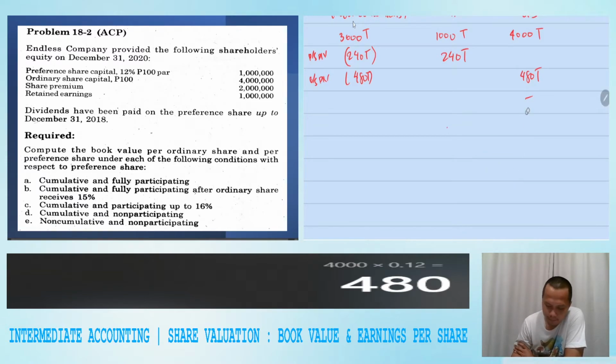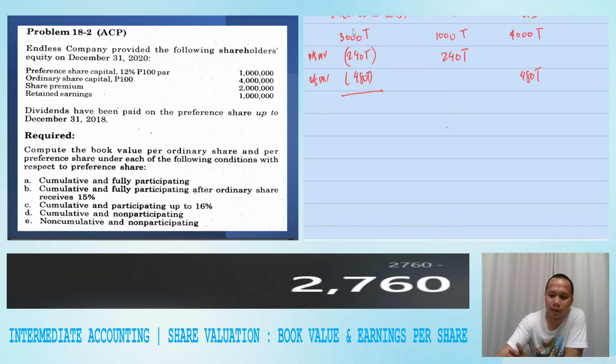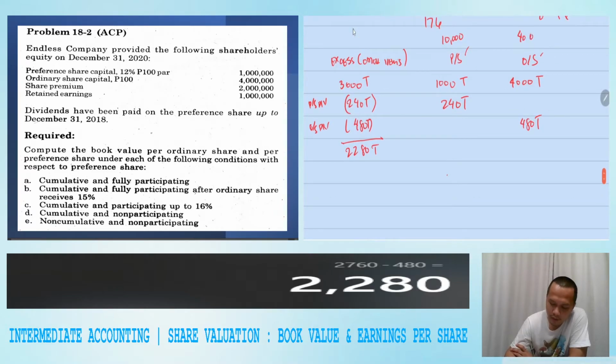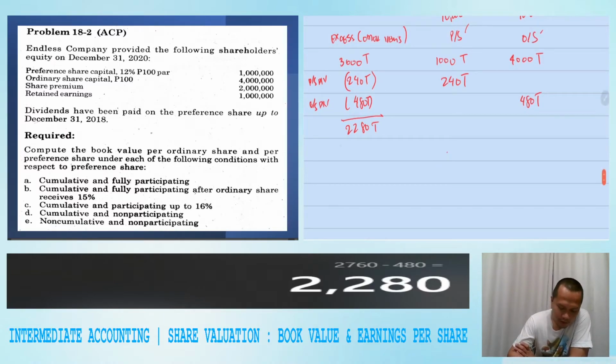Ngayon, ang excess nito, we need to allocate, ito yung sinasabi natin kanina, allocate pro rata. Di ba? So the excess, we have 3 million minus 240 minus 480, we have 2,280,000. So magkano dyan yung mapupunta sa preferred share, magkano yung mapupunta sa ordinary share. So, simple lang. Allocate pro rata daw.